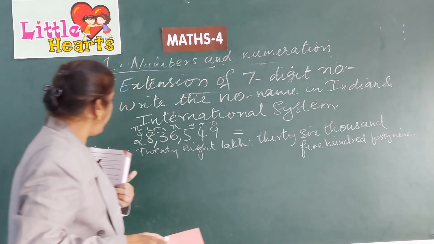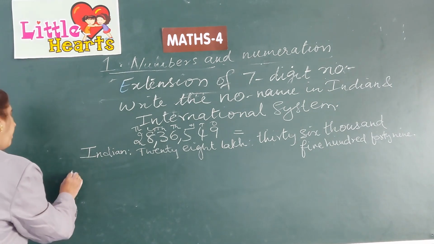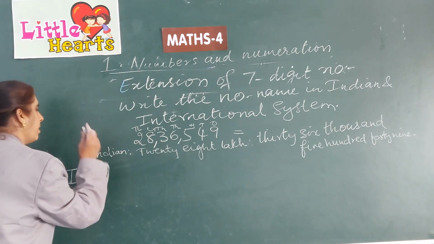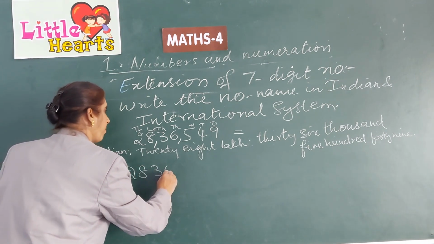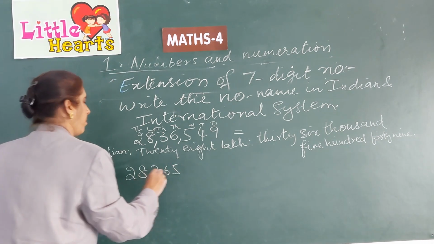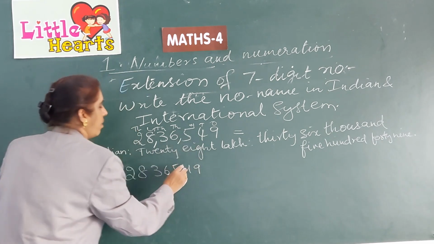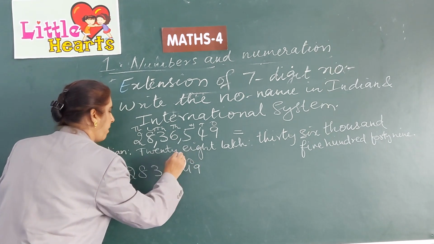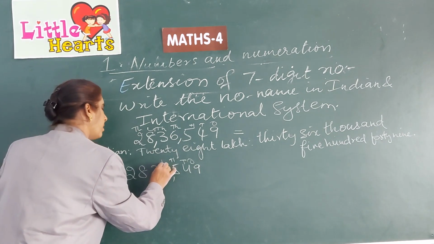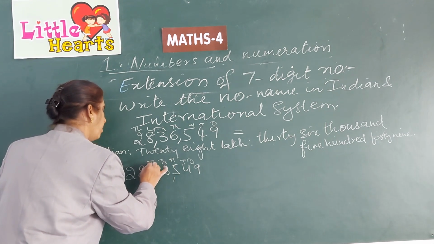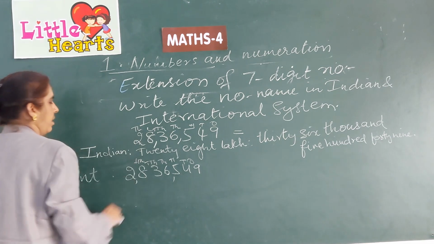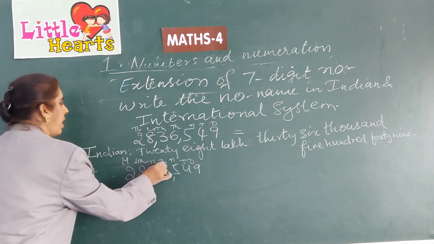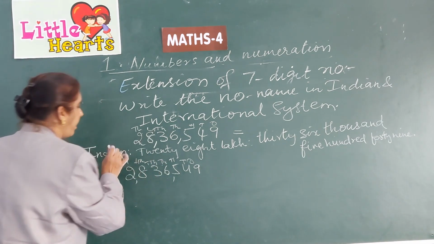And the same number in international system. Insert the commas. Ones, tens, hundreds, comma, thousands, 10,000s, 100,000s, comma. This is millions. After hundreds, thousands, millions comes.